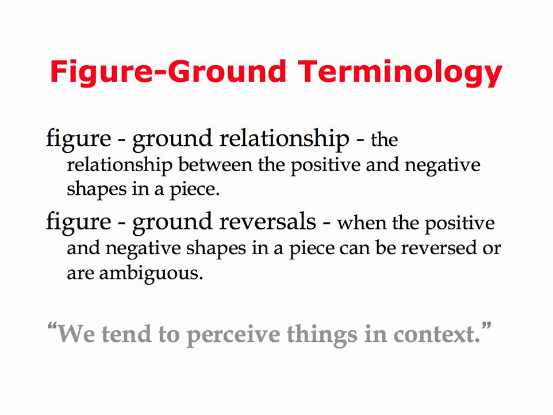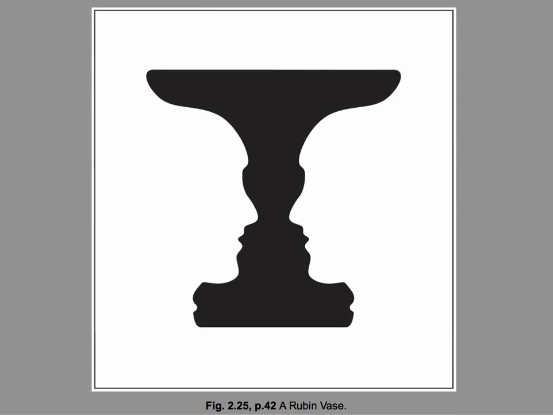Usually, the figure is a positive and the ground is a negative, but there are figure-ground reversals when the positive and negative shapes in a piece can be reversed or are ambiguous. For example, we can take a look at a Rubin face.